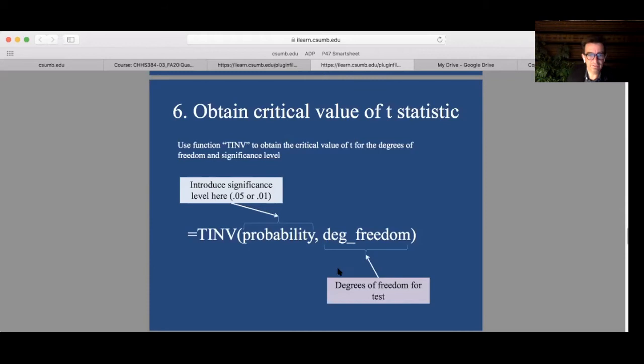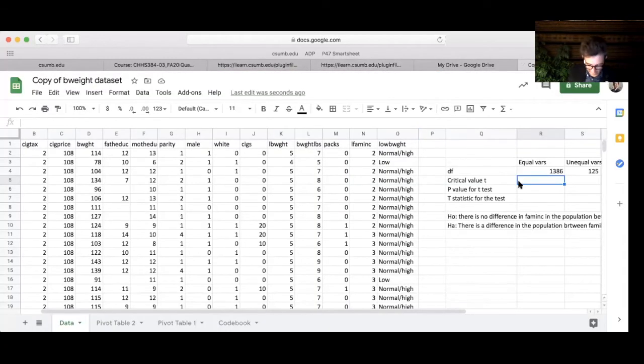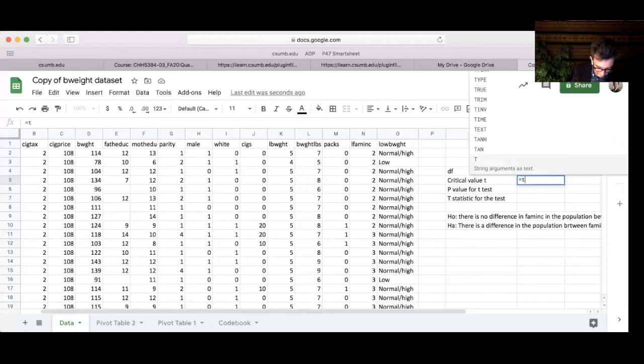But we can use this little formula here in Excel to tell us that without having to go to a table. It's T.INV, where you put your alpha, this probability, comma, and the degrees of freedom. It's as simple as that. So we're going to do that. So equal T.INV.